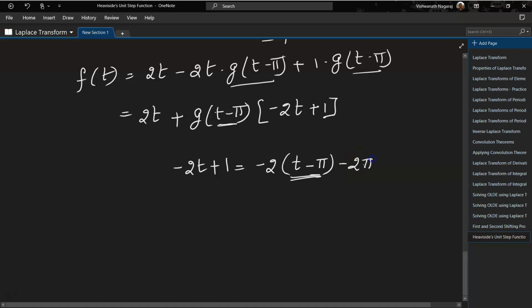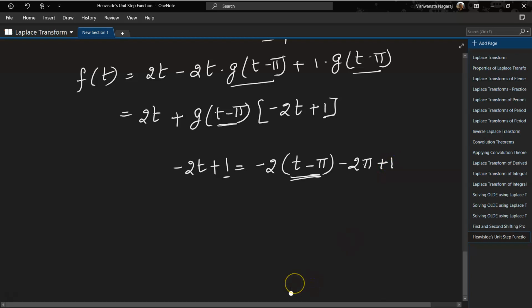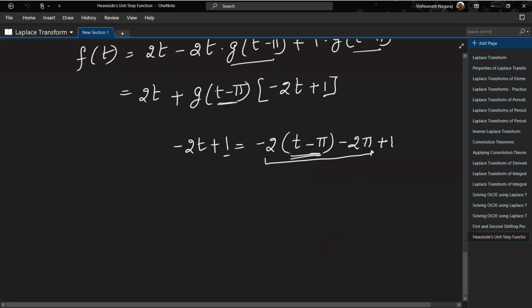So minus 2 pi. And we don't have this 1. So what do we do? We add it. So this minus 2t we have replaced with this, plus 1 remains as it is. You can expand it. Minus 2t is as it is, plus 2 pi minus 2 pi becomes 0. So we are still left with minus 2t plus 1. But now we have written it in this form.